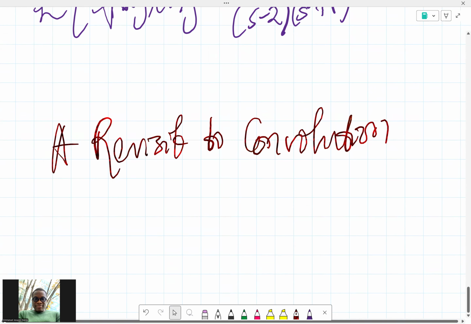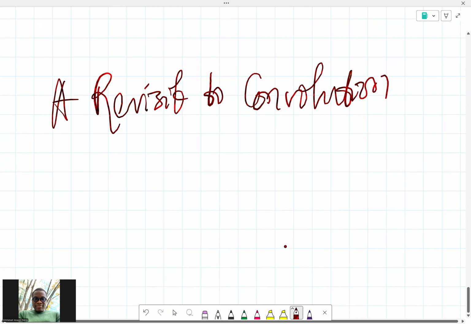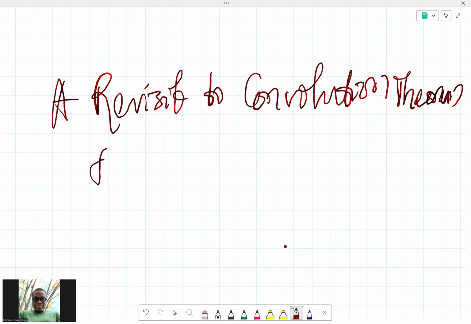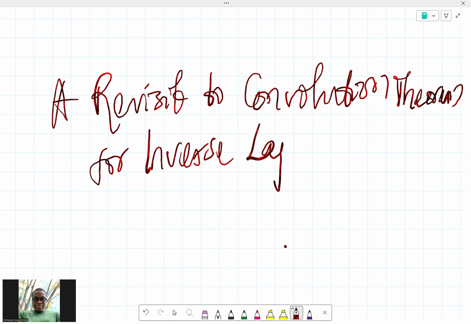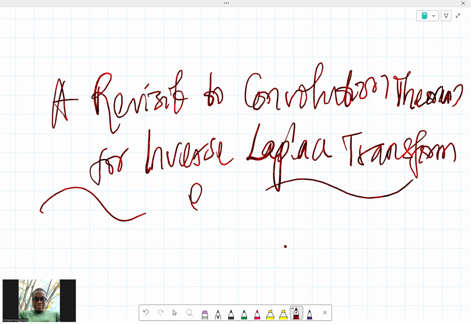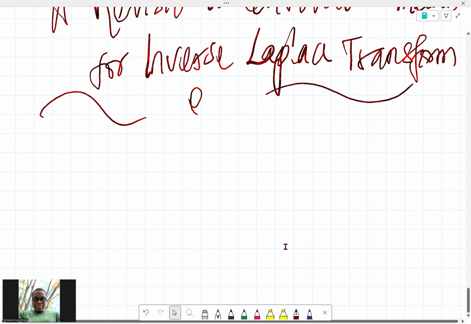But I want to take it a bit further, just to remind us of what we did with convolution using two different approaches. So a revisit to the convolution theorem for inverse Laplace transform. I'll do that in the form of an example since the main issue has been done in the past.